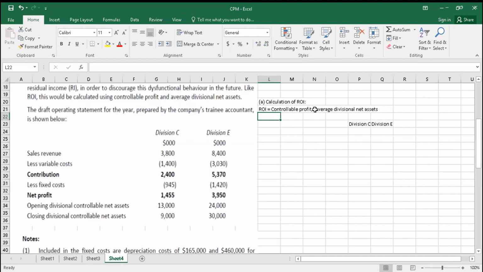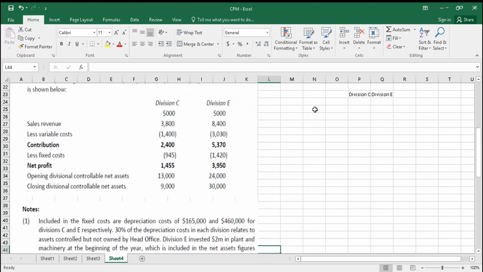We see contribution is there and fixed cost is there. So fixed cost is not separated as controllable fixed cost and uncontrollable fixed cost. Just one amount of fixed cost, 945 and 1420, is directly given. But the notes have certain things which are mentioned. Included in the fixed costs are depreciation costs of 165 and 460.